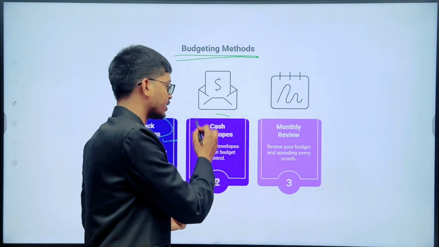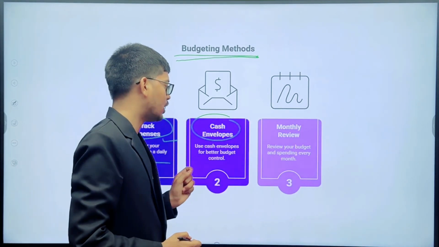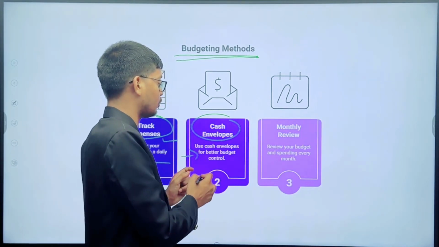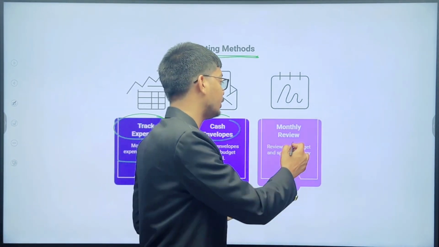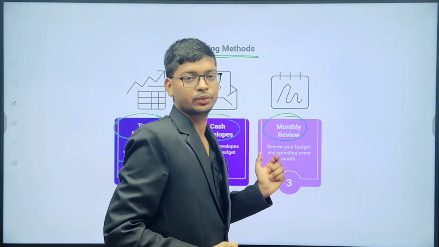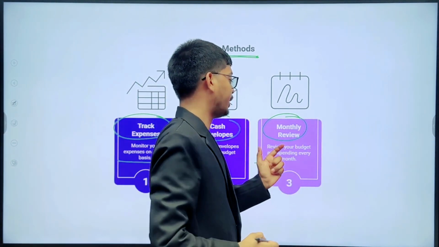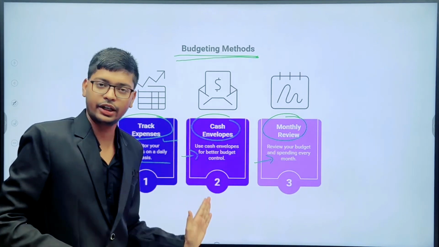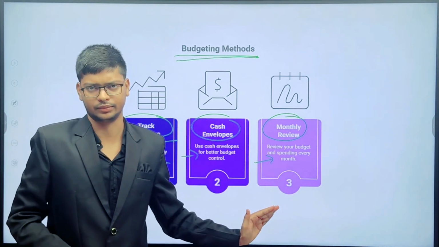Next, cash envelopes. Use cash envelopes for better budget control. Next, monthly review. You review your budget and spending every month. Here are three simple methods to budget your money.